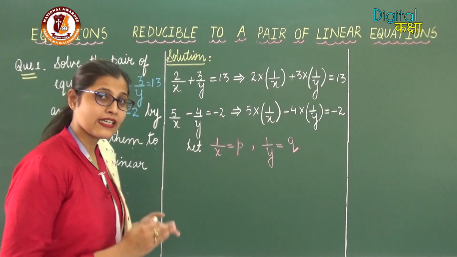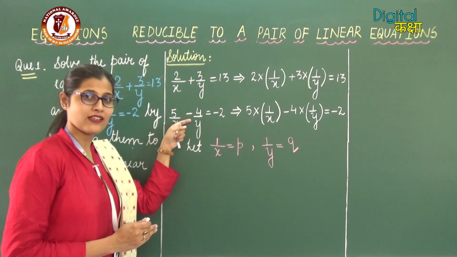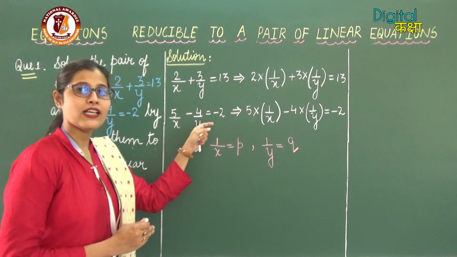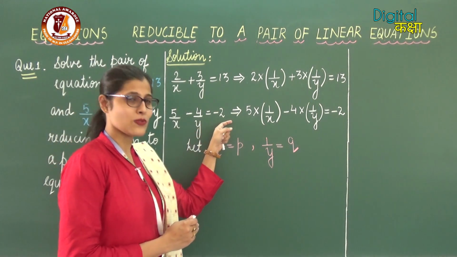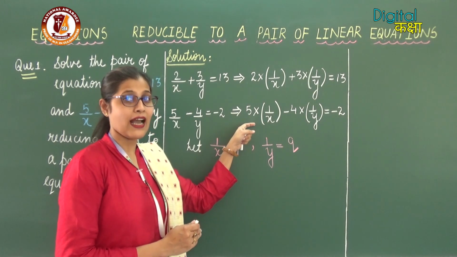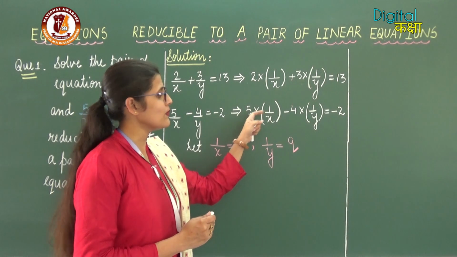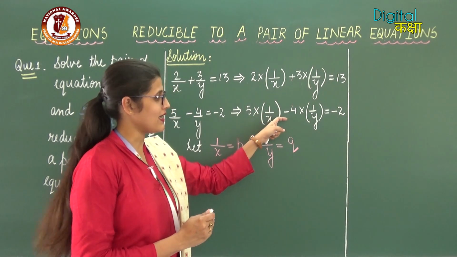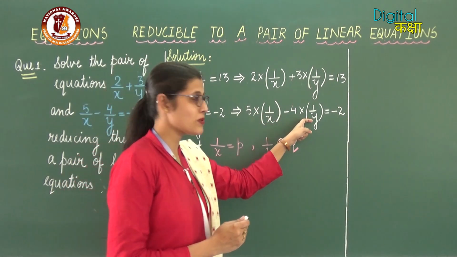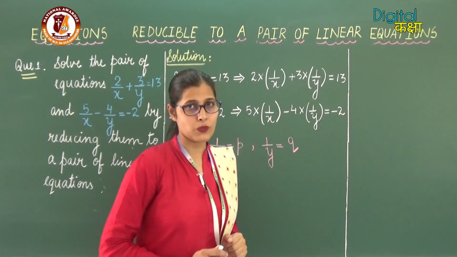Similarly, for the second equation, which is 5 upon x minus 4 upon y equals minus 2, I will be separating the constant and will be writing it as 5 into 1 upon x minus 4 into 1 upon y equals minus 2.